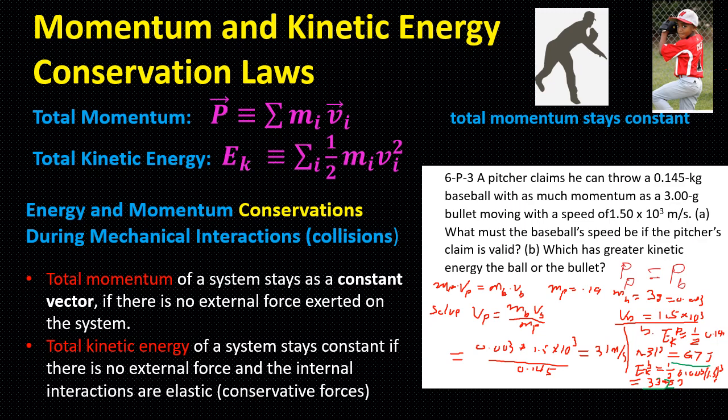The bullet has much higher kinetic energy, even though the bullet and the ball have the same momentum. Same momentum, different kinetic energy, because speed is squared in kinetic energy instead of linearly proportional. Okay, that's the end of this problem.